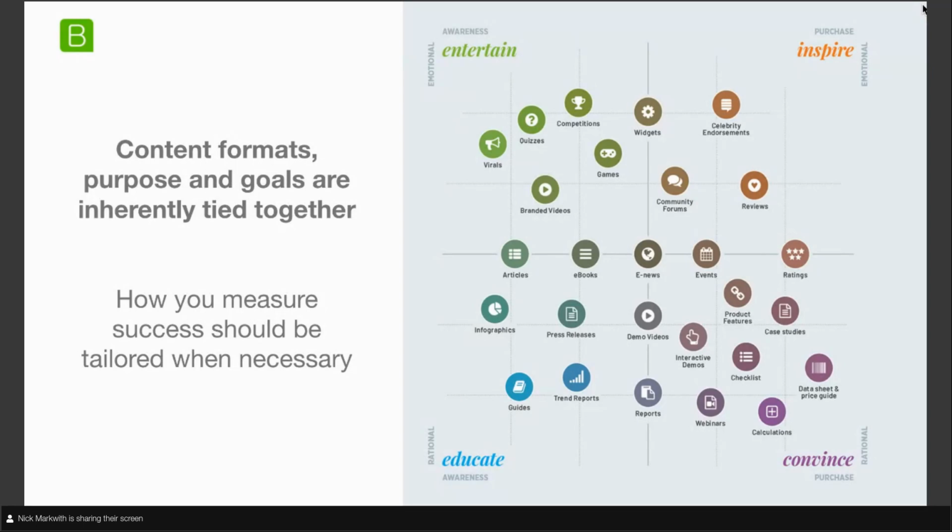Inspirational content is similar, right? Grabbing their attention, but probably with a little bit more rational purchase decision making. So reviews, for example: someone might get inspired by a review about how this tool or service has improved their infrastructure or business, but it's further along in terms of purchasing.